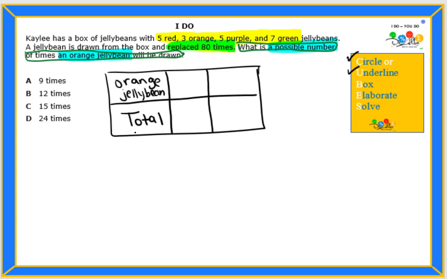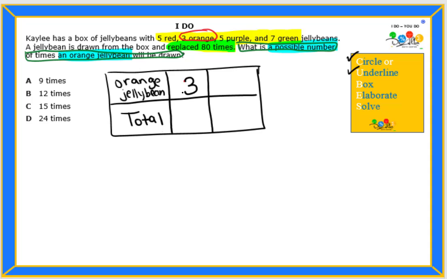So if we look at the jelly beans that we have, 5 red, 3 orange, 5 purple, and 7 green, the ones that we want, or the favorable ones, are the orange ones. And so we will put 3 here. Then we need the total.